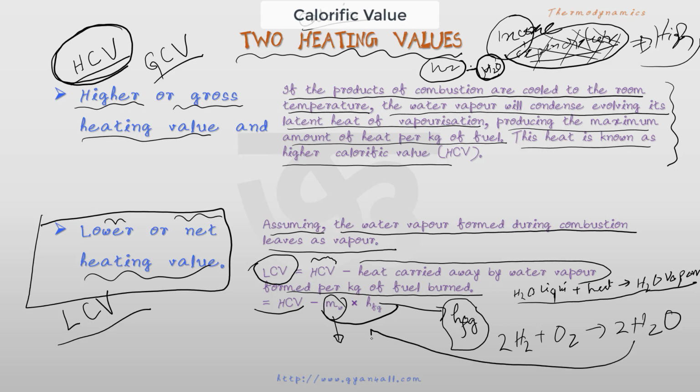Whatever water is produced during combustion, that mass of water is multiplied by the latent heat of vaporization of the water. During combustion water is produced and that water becomes vapor, and to become vapor it must absorb the latent heat of vaporization, which is taken from the heat produced by the combustion.